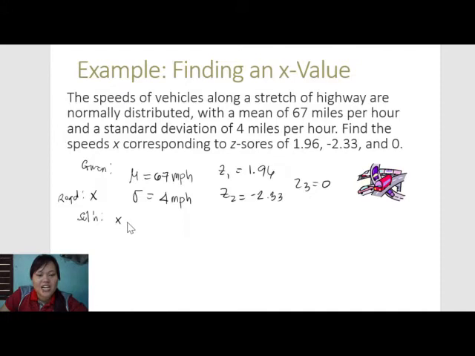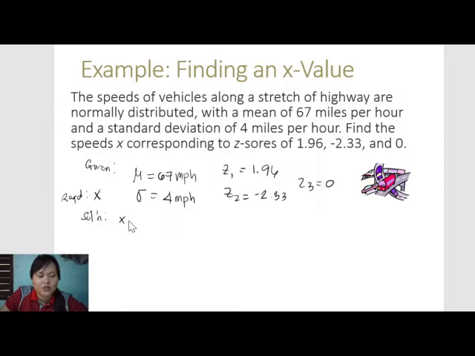Okay, formula x minus mu, x, ano ba yan? Kagulo. X is equal to mu plus standard deviation of z. Okay? So, substitute lang natin. Mu, 67 for z1.